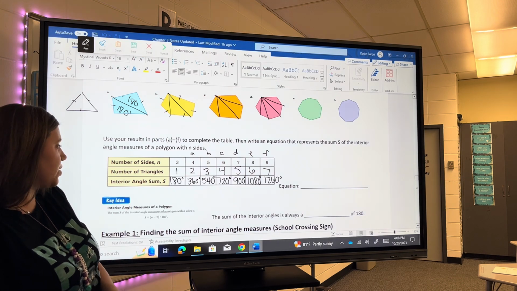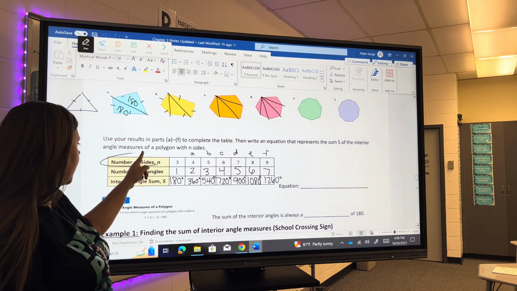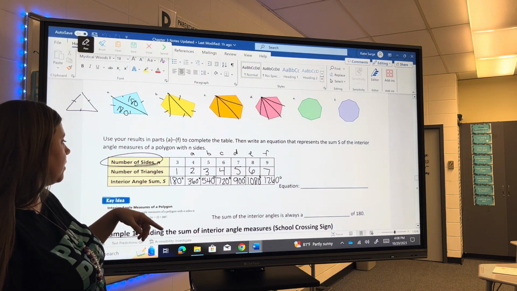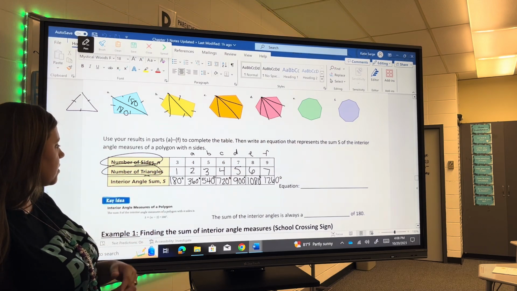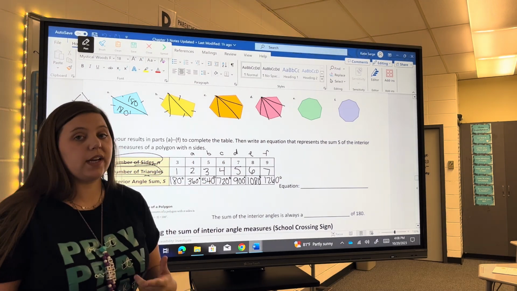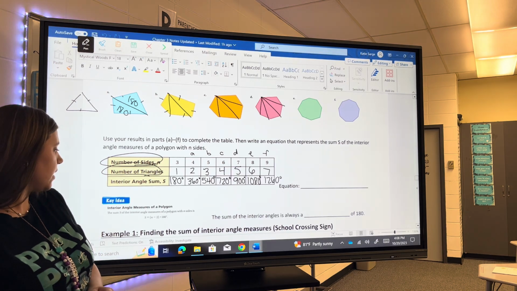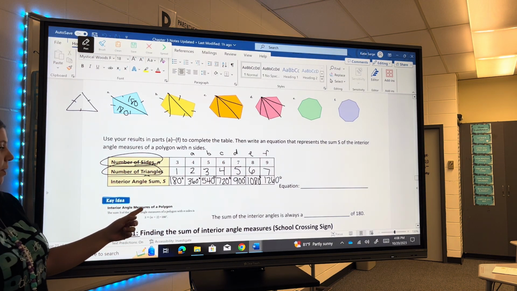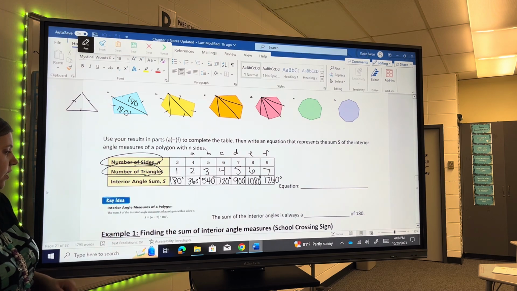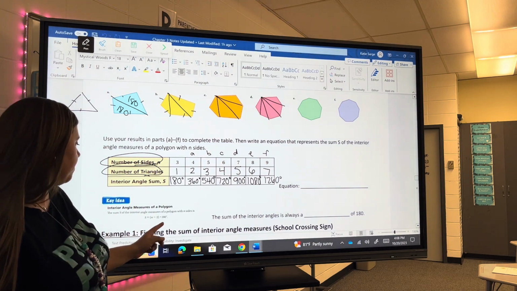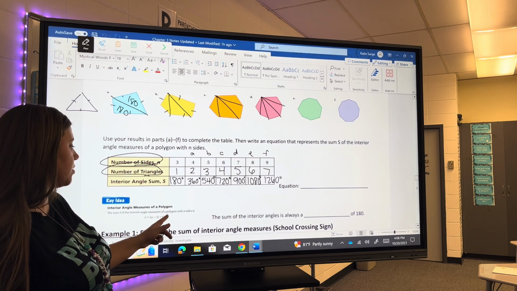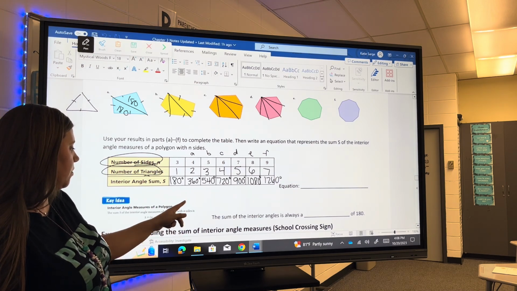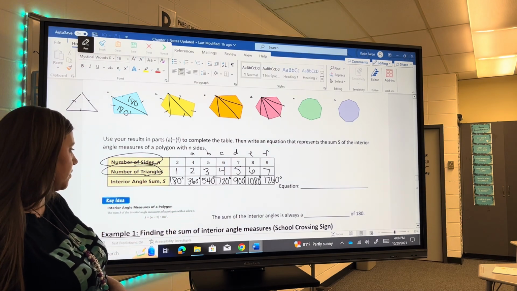And this relates to the number of sides, okay, the number of triangles, and that 180 amount, okay? And it tells us down here, the key idea, interior angle measures of a polygon are the sum of the interior angle measures represented in relation to the number of sides, okay?